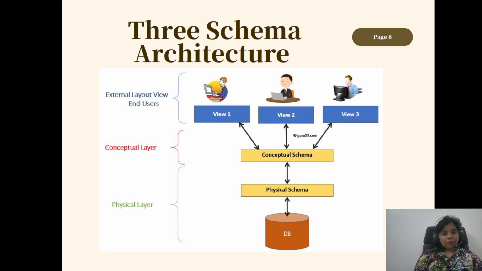And at the top we have the external layer or external view, wherein the database can be viewed by different people in different ways. For instance, I could say that we have view 1 and that is meant for user 1, and he is supposed to view only certain attributes from every table.